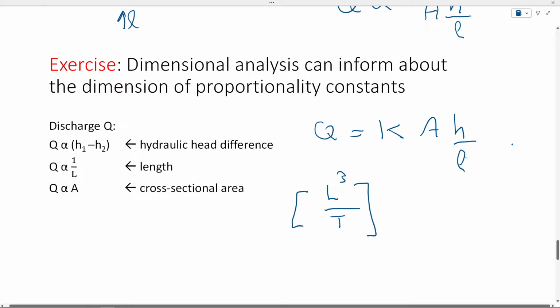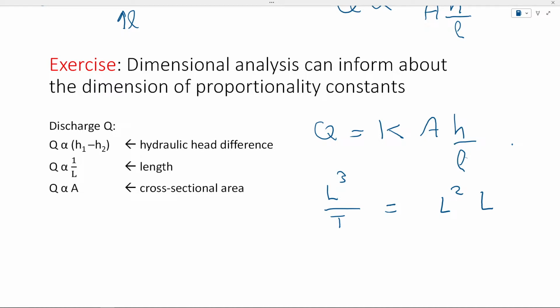This proportionality constant, we don't know. We know A, that's L squared. We know H, the hydraulic head, which is measured in length, meters or feet or whatever.